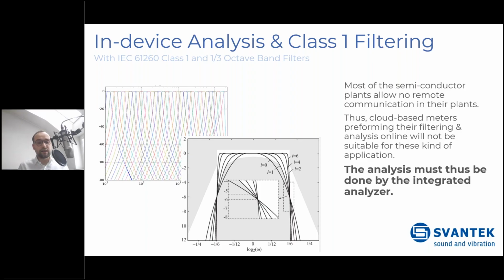Thanks to that, we can be sure that if you're measuring velocity in the States and you're applying a third octave band filter, and you measure the same level in Australia, in the UK, or in Sweden, you should have the same frequency domain signal. So you should have the ability to transform the time signal to frequency domain and still have the same levels that you would in any other country.